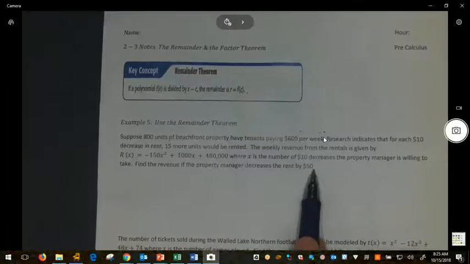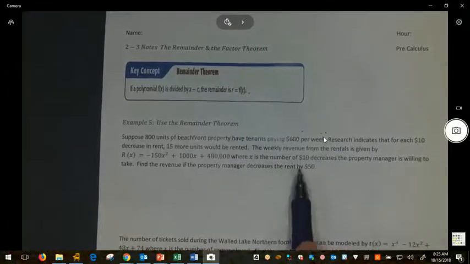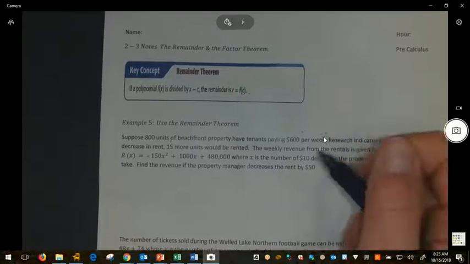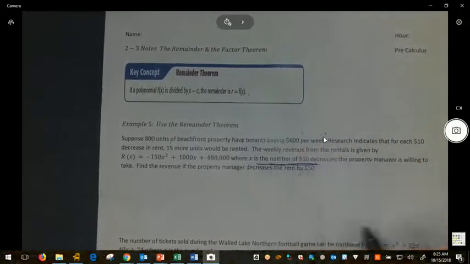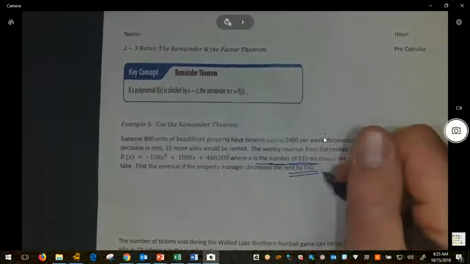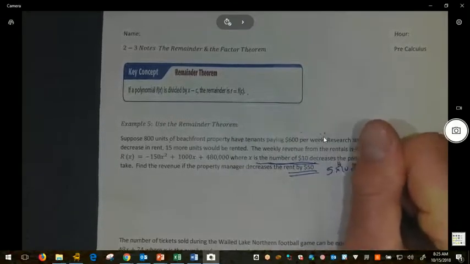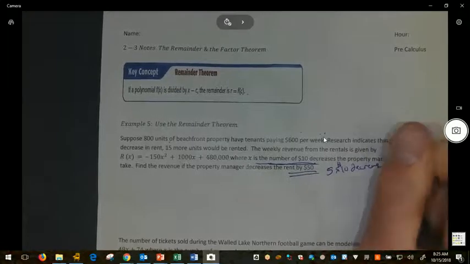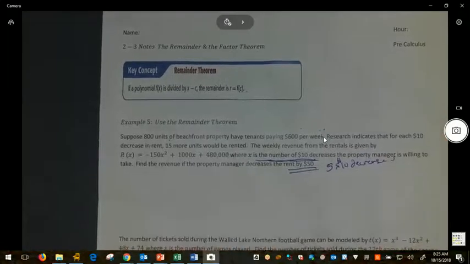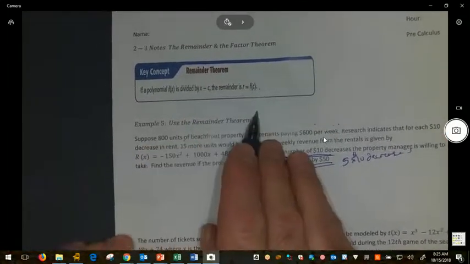So normally we would just put in... well, let's look at what we'd put in. The number of $10 decreases, and they're going to decrease it by 50, so that's 5 $10 decreases. So normally we would just plug 5 into the function, but we're supposed to be practicing the remainder theorem.